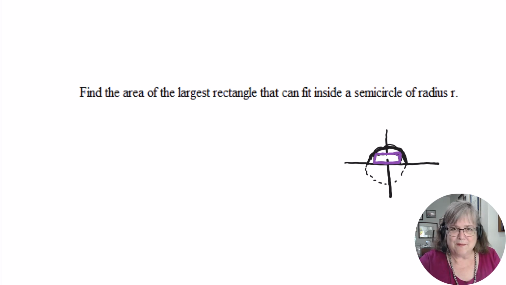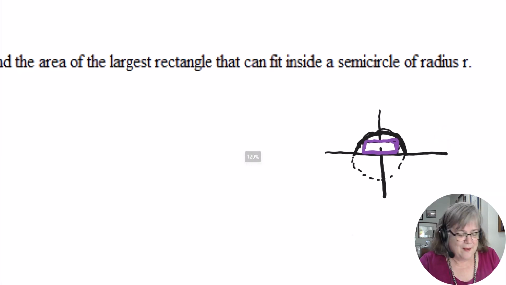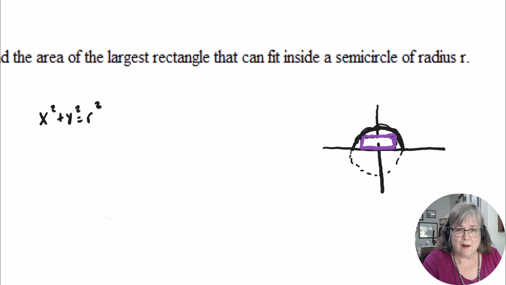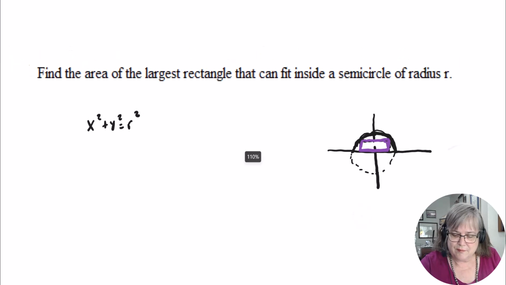this semicircle. So let's look at it a little bit and figure out some things that are going on. What we do know is that the equation of the semicircle is x squared plus y squared equals r squared, because it didn't tell us what r was going to be, so it wants a generic equation.